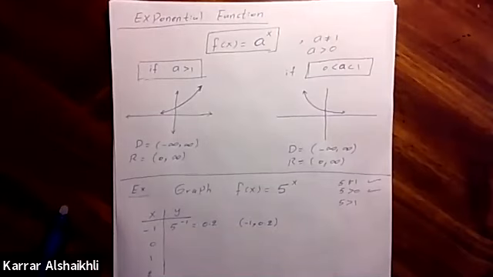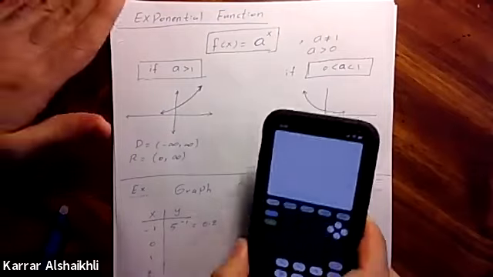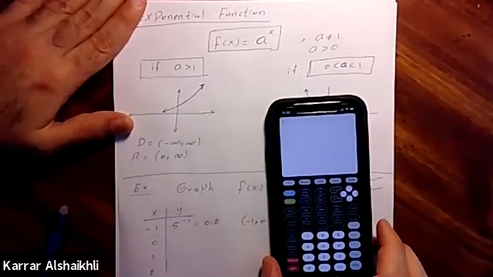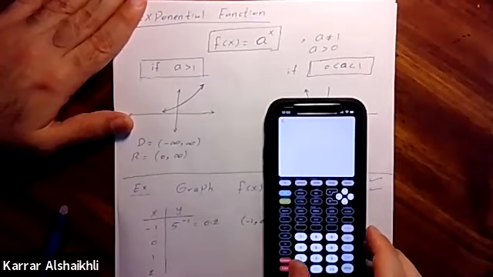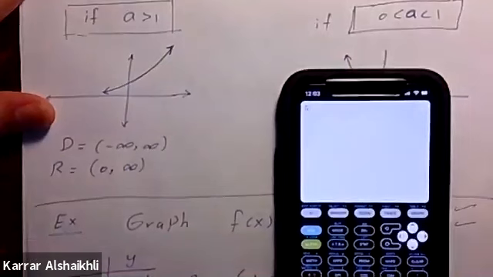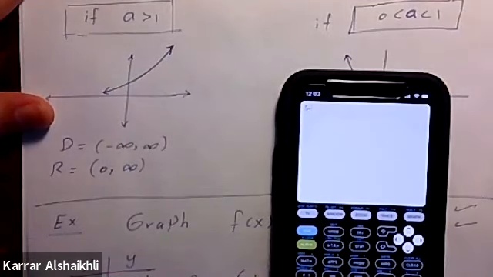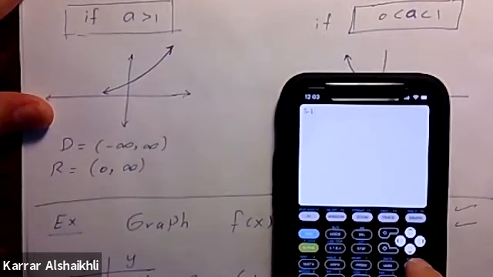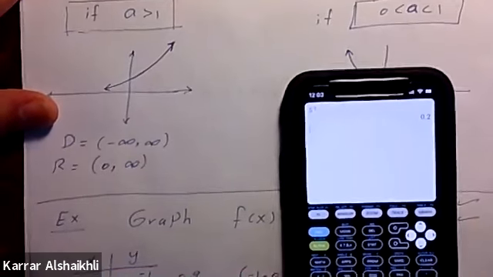Again, let's see how it looks like, because this is important if they ask you to graph it. We're just going to plug in 5 to the exponent -1, and it's going to be 0.2.